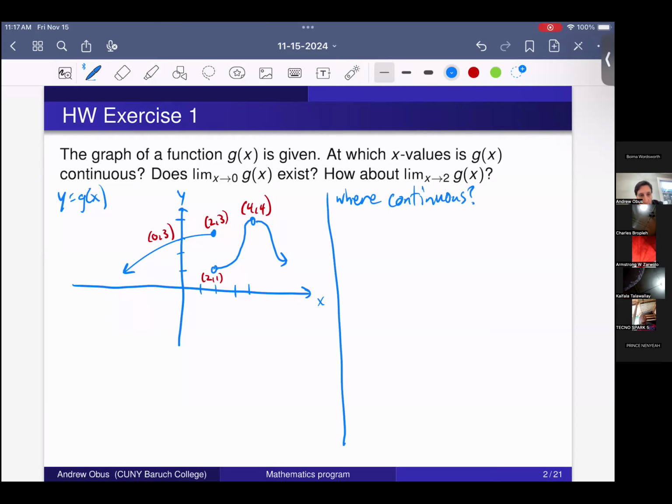All right, does anybody want to answer for which x values is this function continuous? Several people submitted solutions. And usually for this question, your solutions were correct.